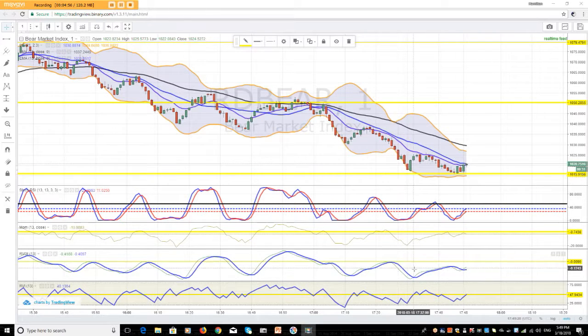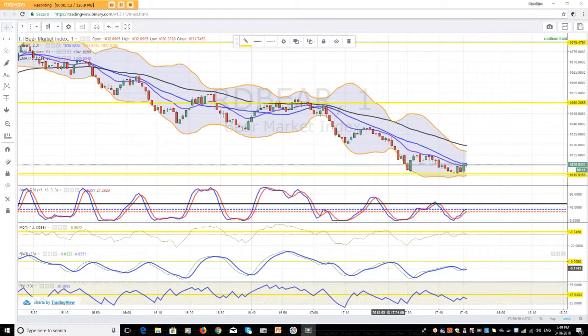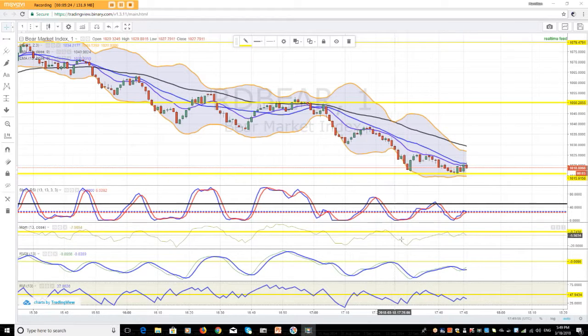Also, what I want to see is that the relative vigor index is below this region here. It gives me a bit more confirmation, and I would rather take the trade. And I'd also love to see the momentum going below, meaning the momentum is now going in the opposite direction.